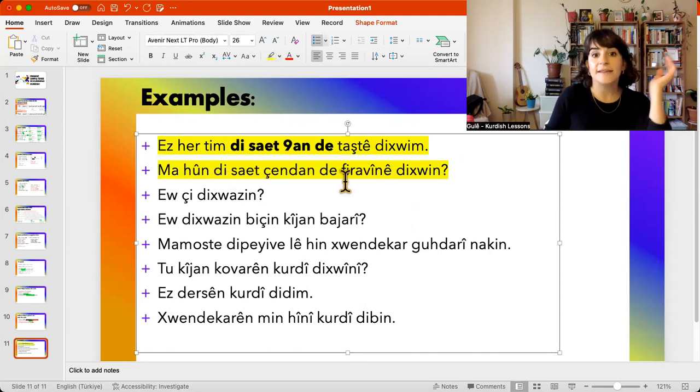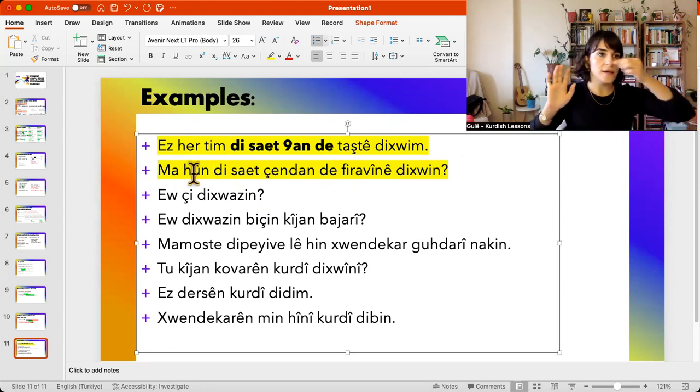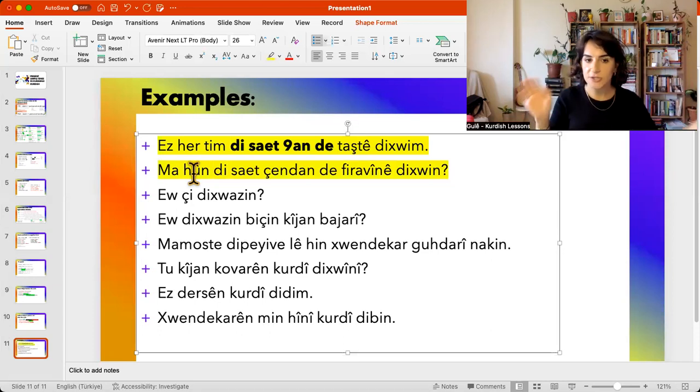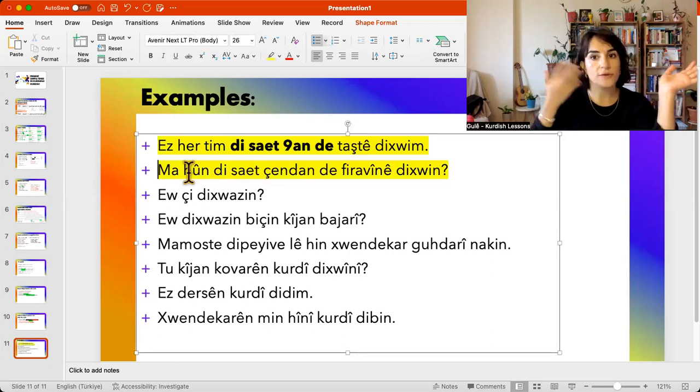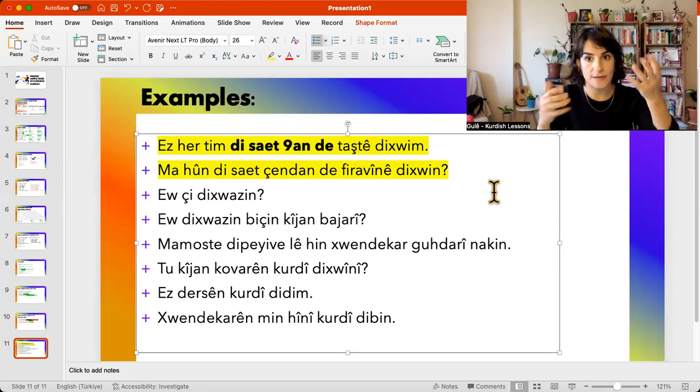And the second sentence: "Mahun the saat chandande fravine dohon?" So ma is a question marker. You can put it at the beginning of all your questions. It doesn't change, it's always ma. It's optional, you don't have to use it. Without ma, "hun the saat chandande fravine dohon" would make sense as well.